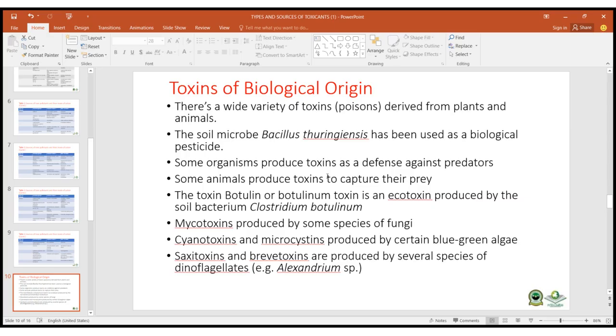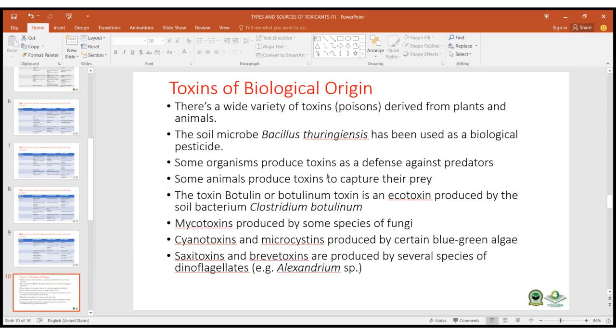Now, there are also some of them that come from microorganisms. A good example is Bacillus thuringiensis. Bacillus thuringiensis is a well-known microbial toxin to the extent that it has been used as a biological pesticide.